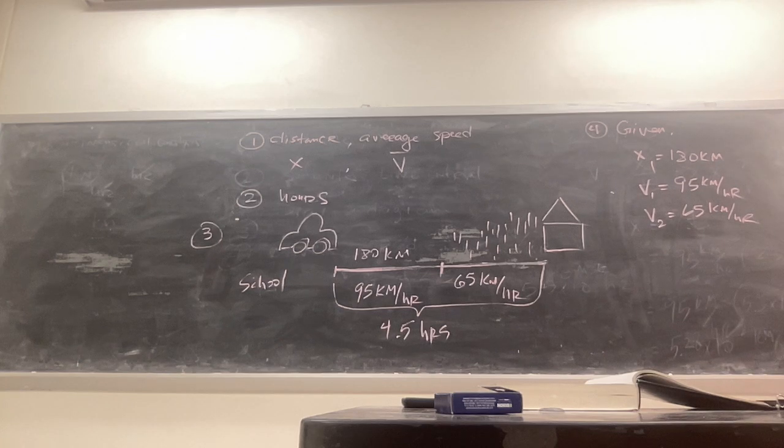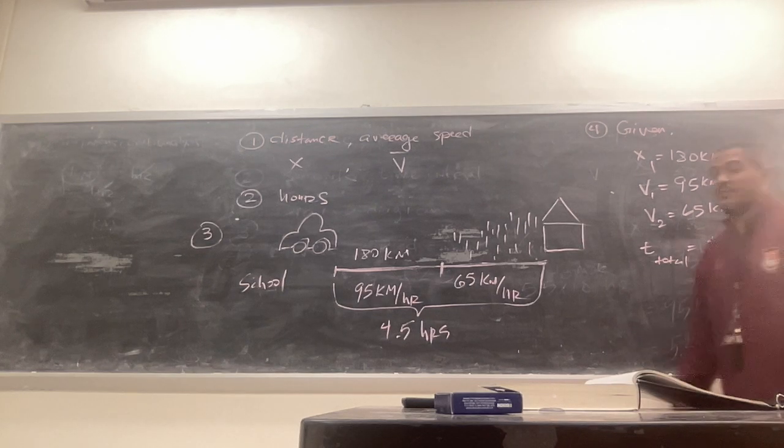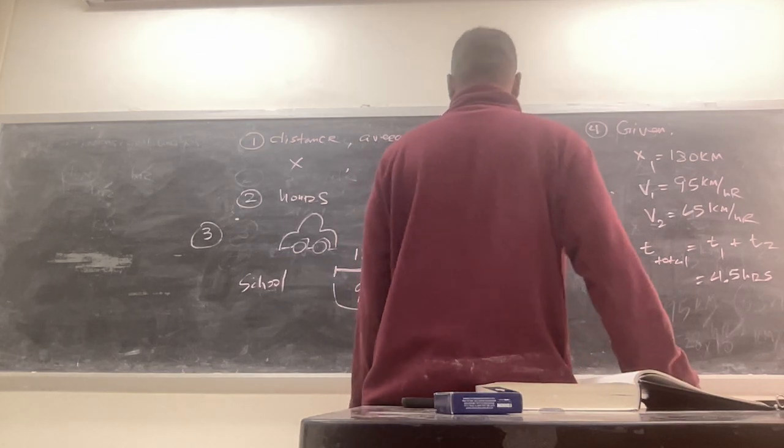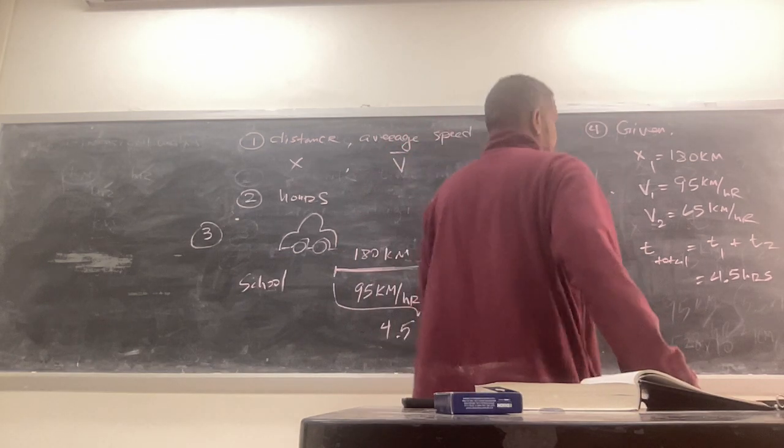Then total time being T1 plus T2, and so we know that to equal what? 4.5 hours. Right? So now we have identified our givens, right? Yes.